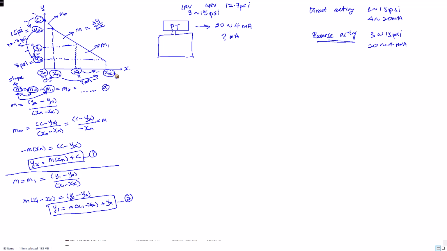The xx, the maximum x, will be 20 milliamp, and xn is 4 milliamp.